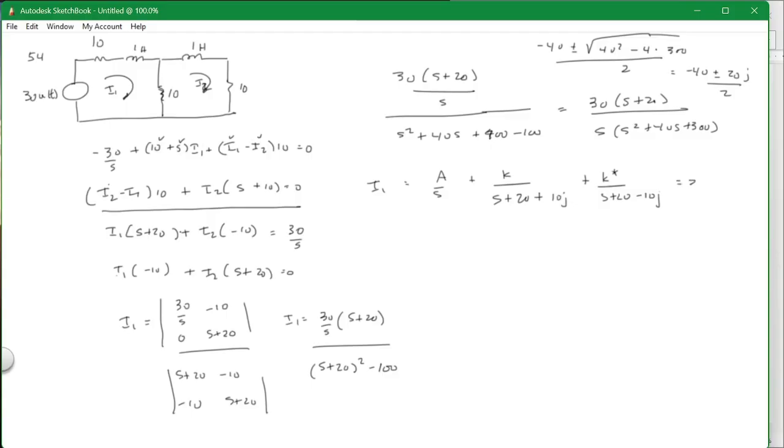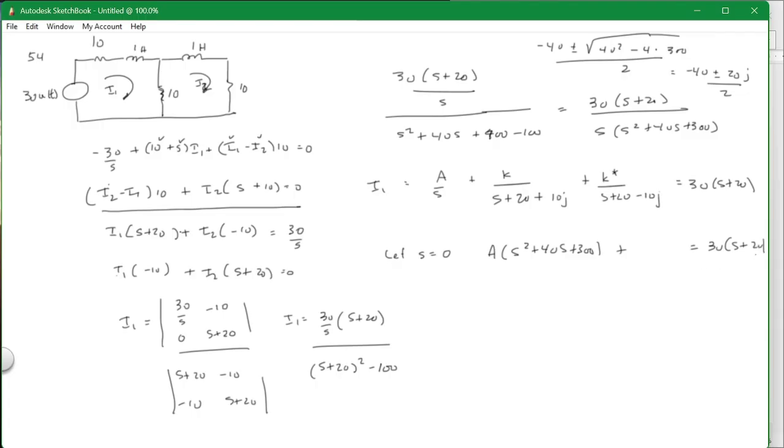Equal to 30 times S plus 20. And I solve. Let S equal 0. And that would give me what? That's A times S squared plus 40S plus 300, plus the rest of it goes away, is equal to 30 times S plus 20.